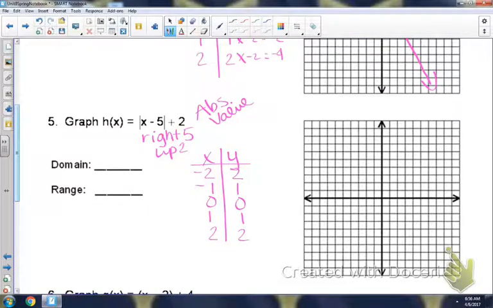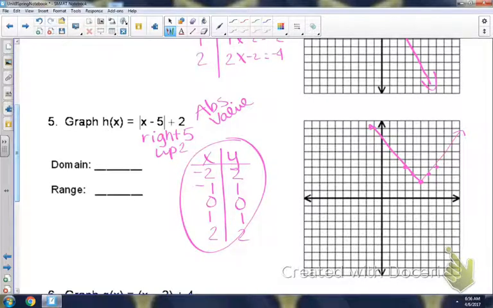We're going right 5, 1, 2, 3, 4, 5, up 2. There's my new endpoint of my V. I'm acting like that's the new origin, and then I'm plotting my parent function table. So -2, 2. So left 2, up 2, left 1, up 1, right 1, up 1, and right 2, up 2. So there's my new V.